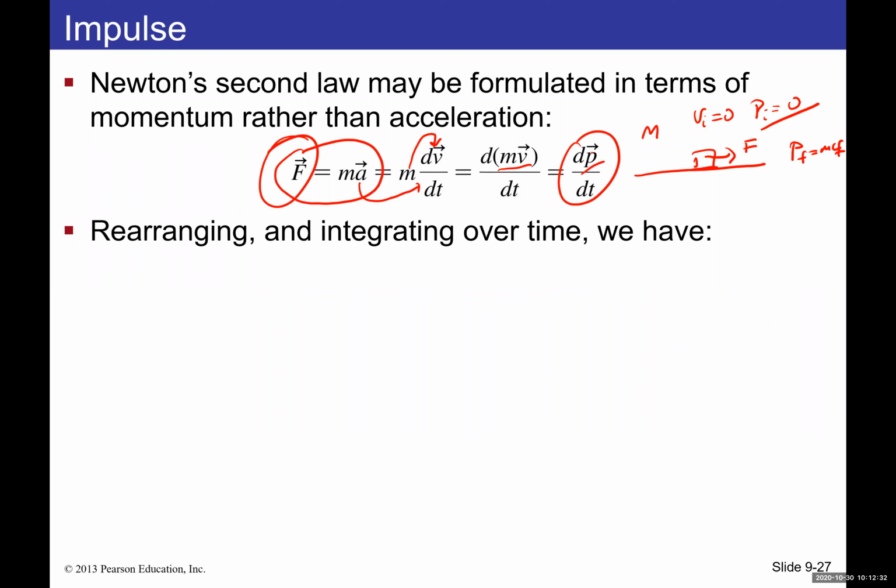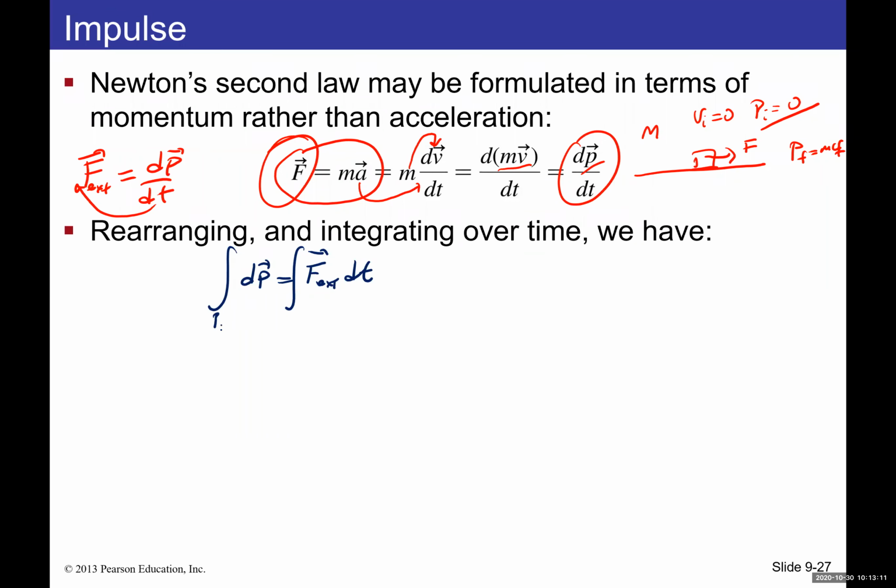So also, if we take this equation, F equals dp/dt. Remember, this is technically the external force. If I rearrange it by moving the dt to the other side, so dp equals the external force times dt, and then integrate both sides.